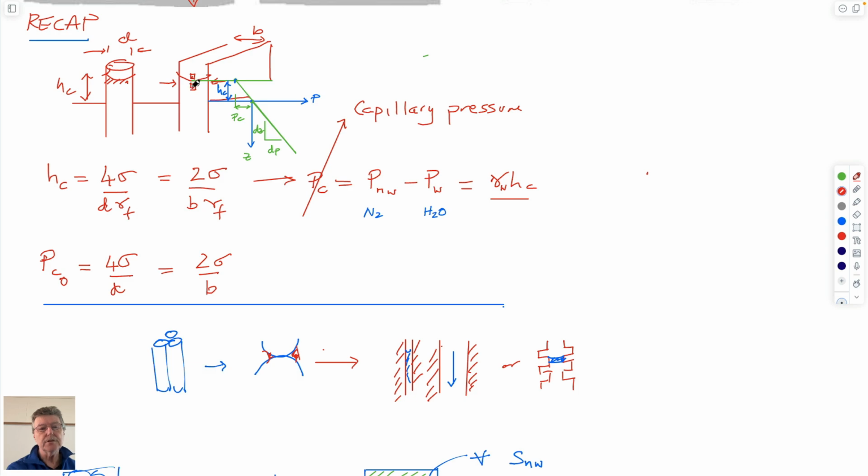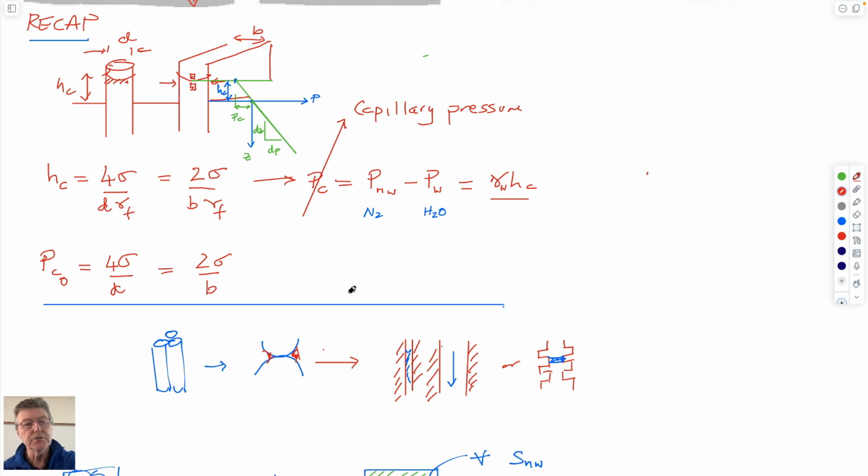So the pressure is atmospheric in the air above it, but less than atmospheric in the fluid below it, because it's pulling, just like hanging a weight on a line. The line is going to be in tension. And so this is typically a negative pressure. Negative minus a negative gives us a positive capillary pressure, which is the difference between them.